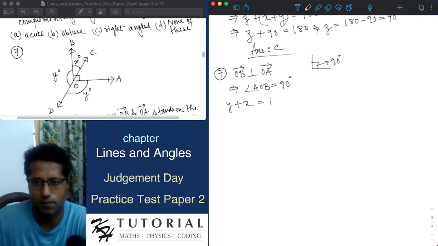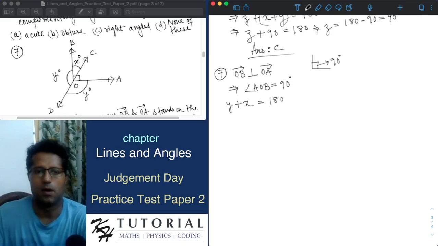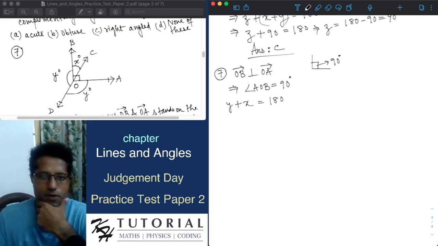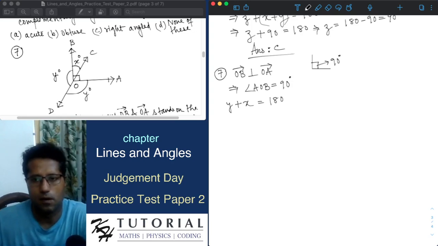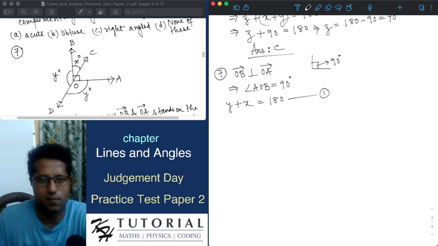We have y plus x equals 180. This is one result we got. Angle AOB is 90 degree.